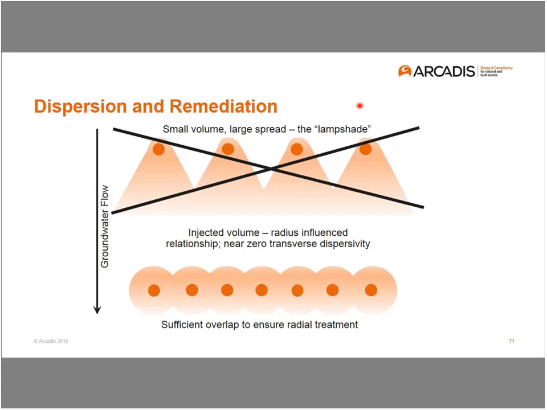As high resolution characterization has improved and the body of tracer test data within the industry has improved, this transverse dispersivity, which would be responsible for this lampshade distribution, is just not the way that things move. So if we're going to implement an effective remedial strategy, we need to do so by injecting enough solution that we ensure overlap of our injected ROI. And while we conceptualize that they're circles, in reality they're ellipses. So there's even a greater complication to achieve that necessary overlap.